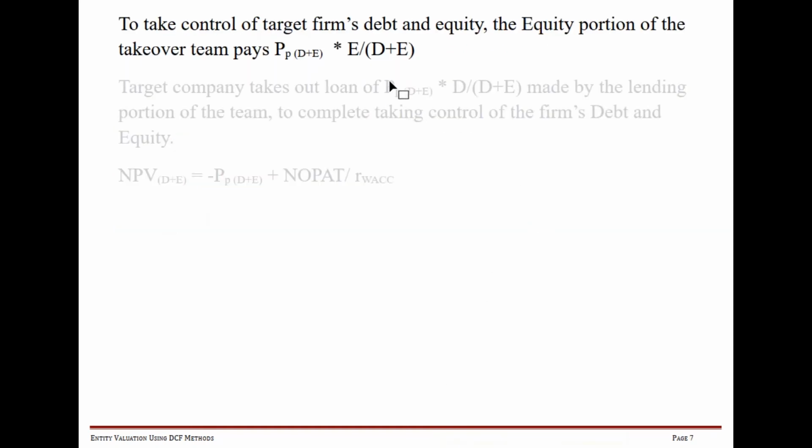Okay, and to take control of the firm's debt and equity, the equity portion is going to look like this. So if you're a private equity firm, the amount of money that's going to come out of your firm to take over this company is the total amount of money that has to be coughed up to get rid of the previous owners and lenders times E over D plus E, right?